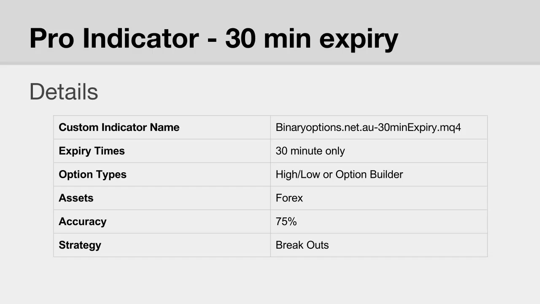That's when it's best to use it, because you're going to get clear breakouts. So the accuracy, like I mentioned before, is over 75%, and the strategy that the indicator uses is based on a breakouts strategy.